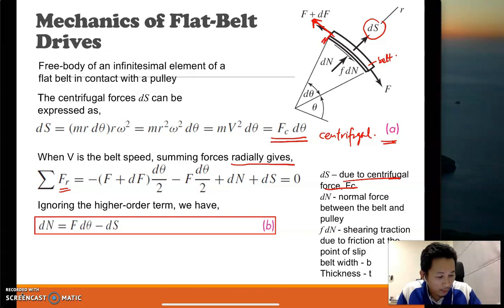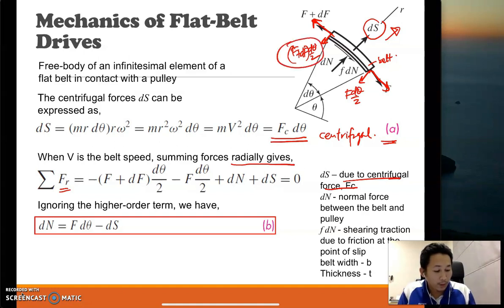For radial, going toward r is positive, so we have F, then F plus dF times d theta over 2, and also F times d theta over 2. Both of these are in the negative direction, so they are negative.